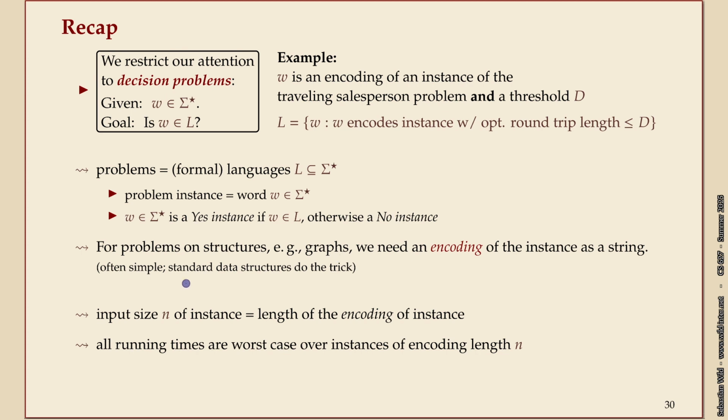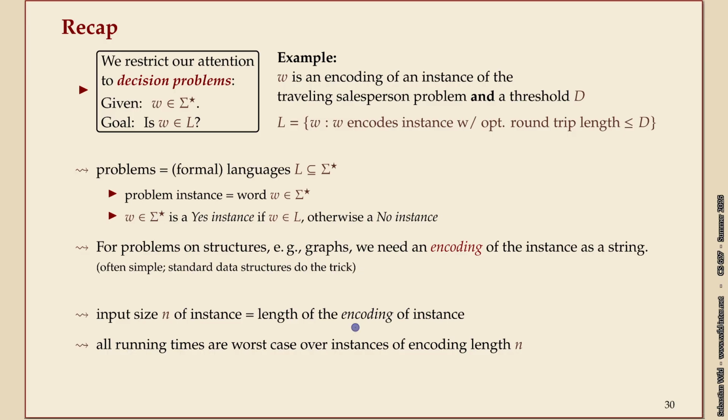But it's often enough to just use the standard data structures you learned in undergrad data structures courses to represent things in a computer. It's the same problem. You also have to represent a graph in computer memory. That's effectively turning it into a string. The same trick usually applies.